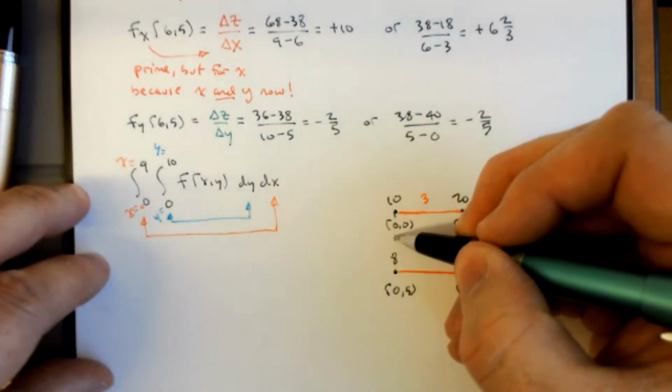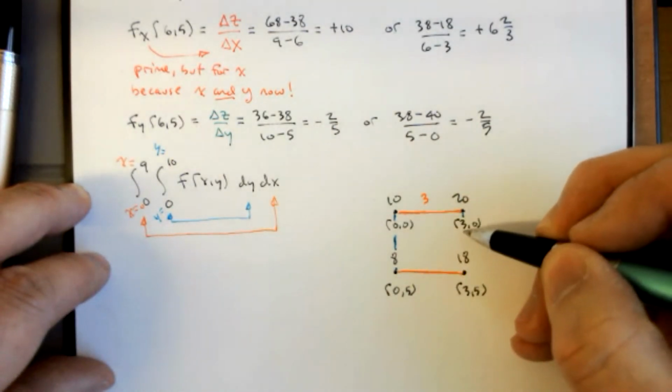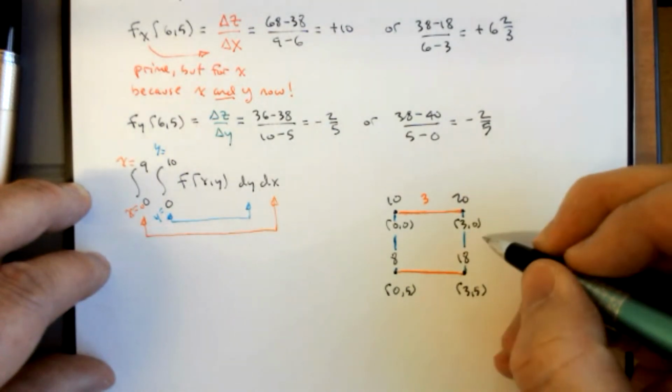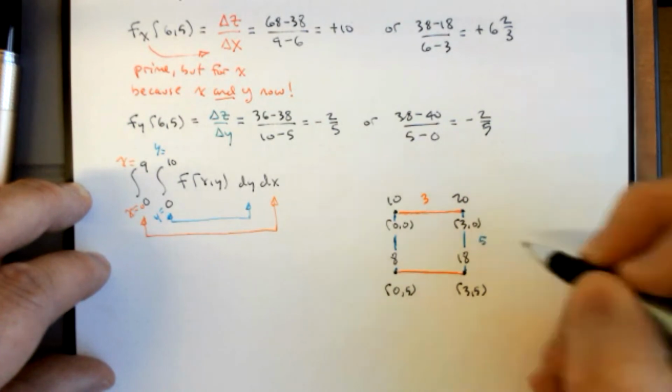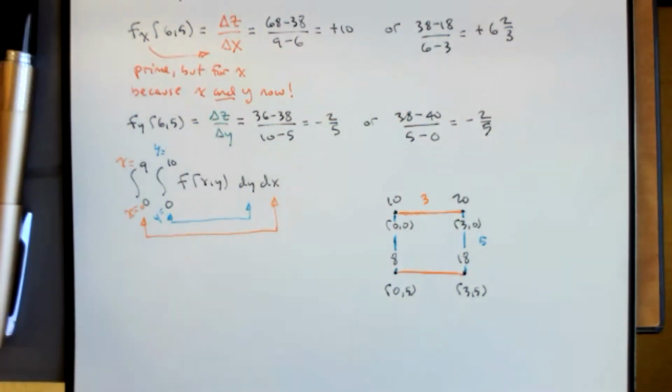The area is going to be 3 times 5, so the area on the floor is 15. That's the delta x times the delta y. And then for the height, I need a lower estimate. So the lower is going to be an 8.